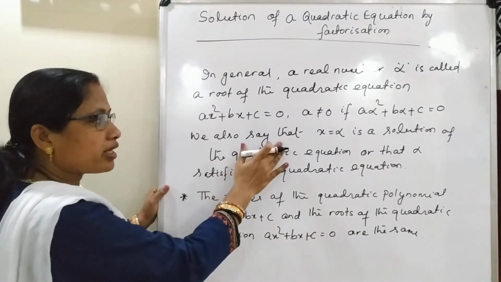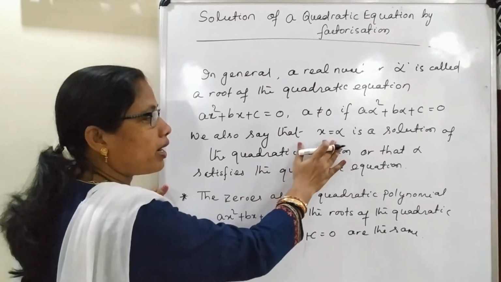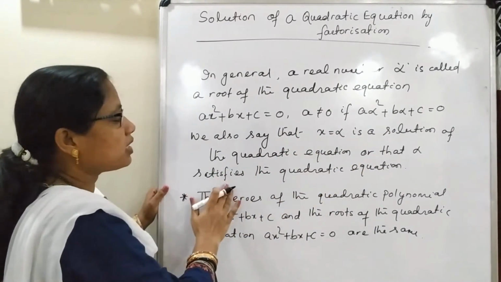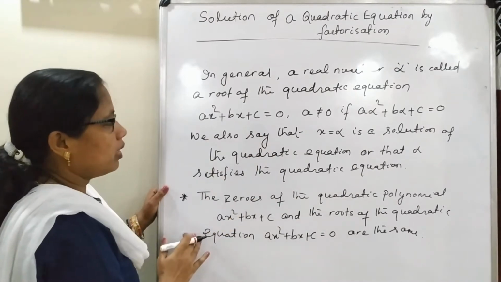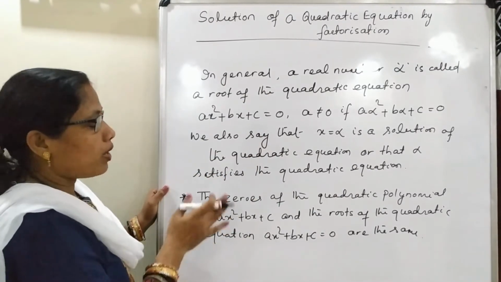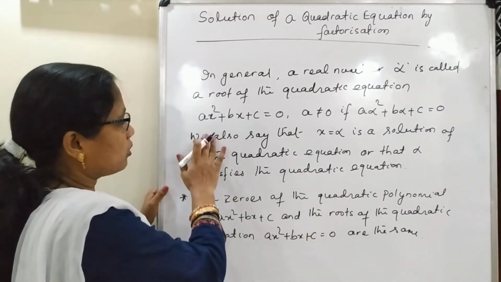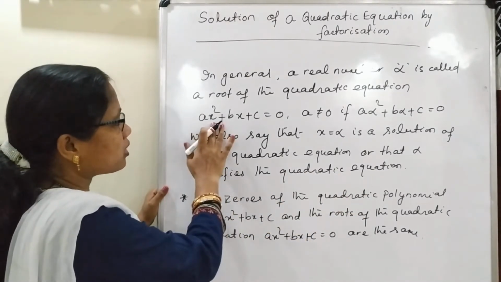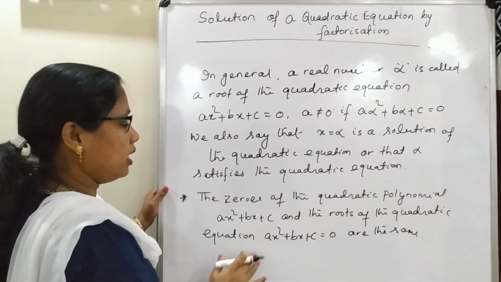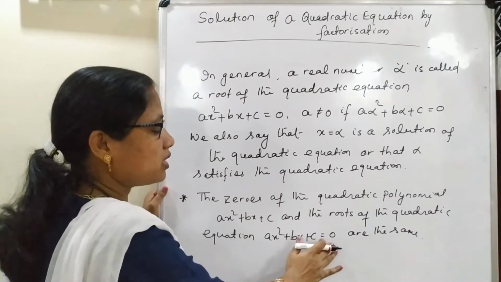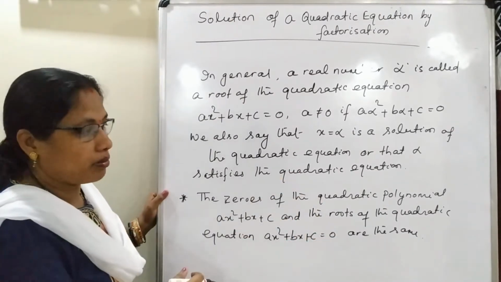We also say that x is equal to alpha is a solution of the quadratic equation, or that alpha satisfies the quadratic equation. Previously we found that the zeros of the polynomial ax square plus bx plus c and the roots of the quadratic equation ax square plus bx plus c is equal to 0 are the same.